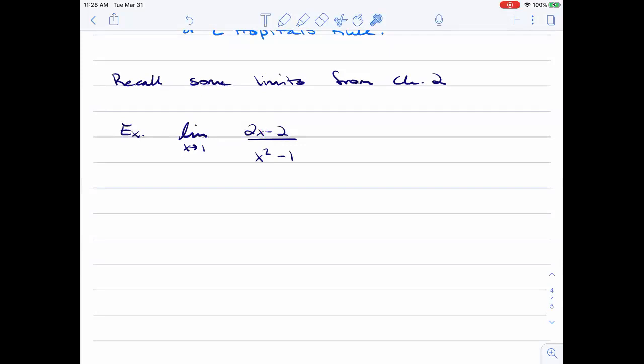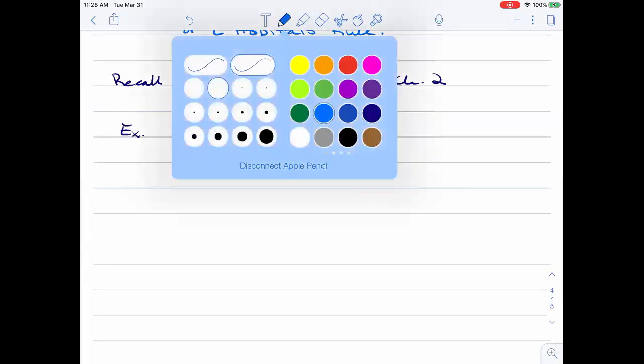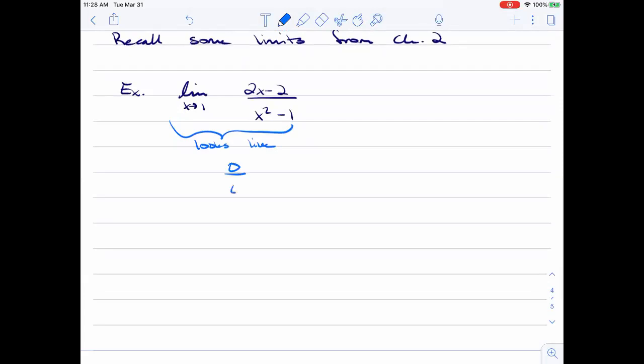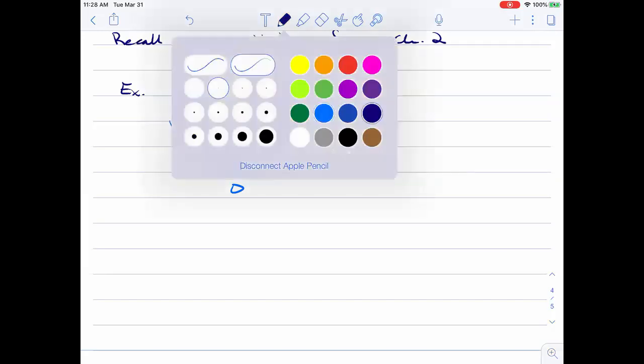It looks like I'm going to have 2 minus 2 over 1 minus 1, that's 0 over 0, which we know we can't do, right? We can't divide by 0. And so this looks like 0 over 0. And just as a heads up, this is one of the indeterminate forms that we're going to be able to deal with using L'Hopital's rule.